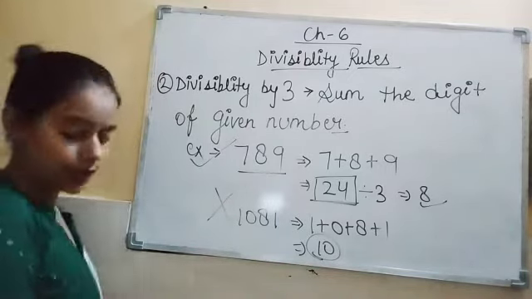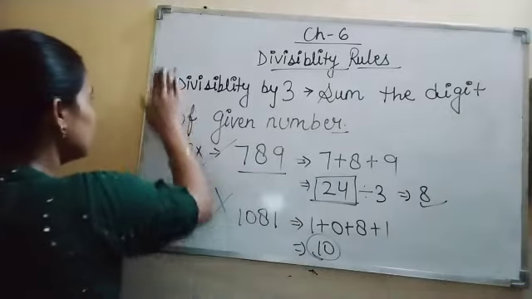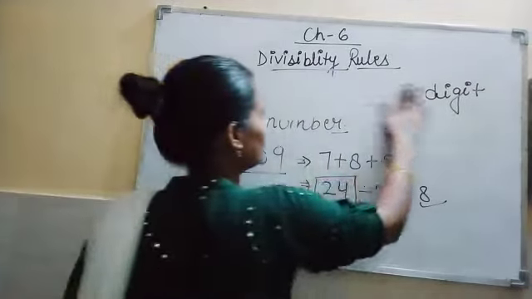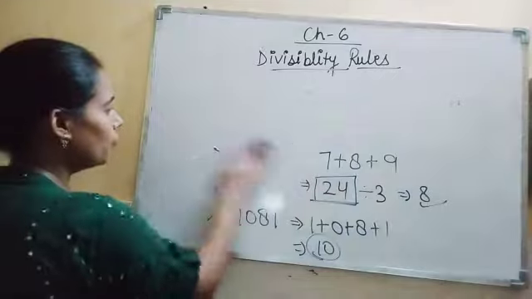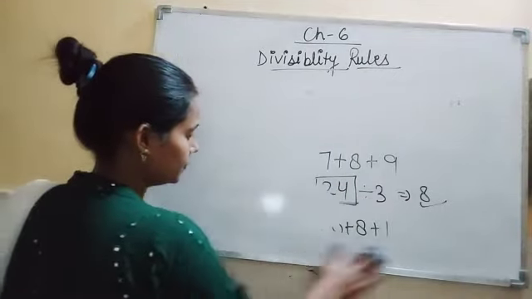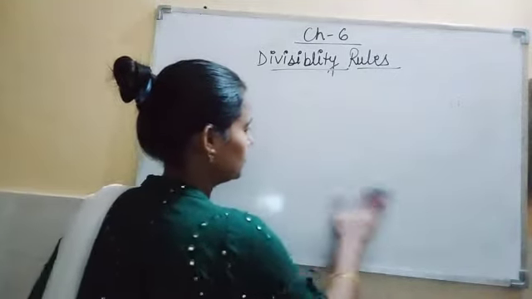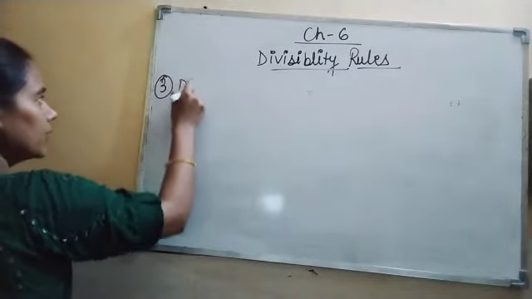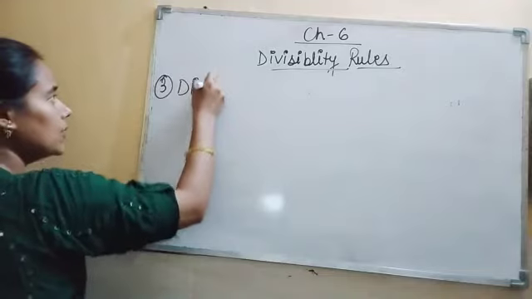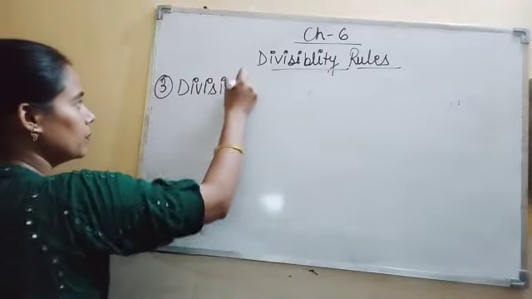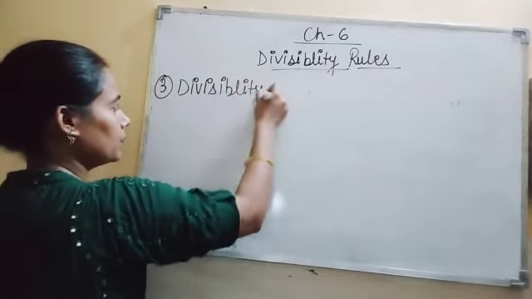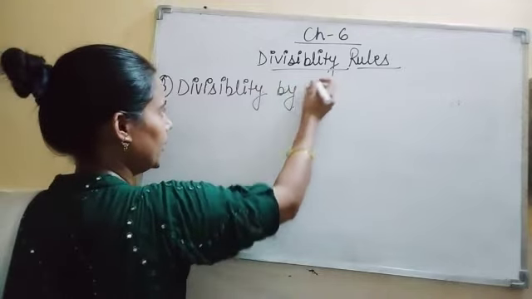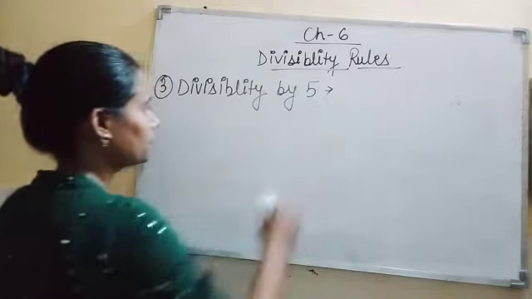Now class, our next rule is divisibility by 5. Let's check the rule of 5. Third rule is divisibility by 5.